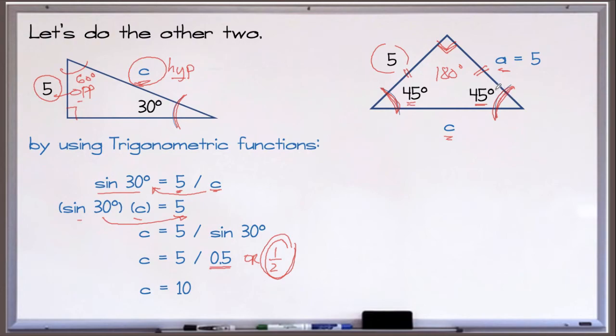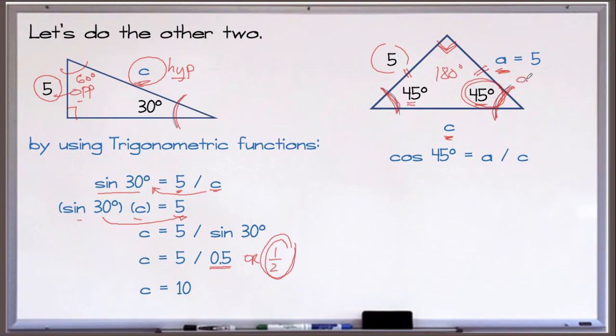Okay, let's use this angle here. Itong 45 na to, we can use any, actually. We can use this, we can use this. Doesn't matter, 45, but let's use this. And let's use the ratio A over C. And that is cosine of this 45 degrees. So, cosine of this 45 degrees is yung adjacent side.